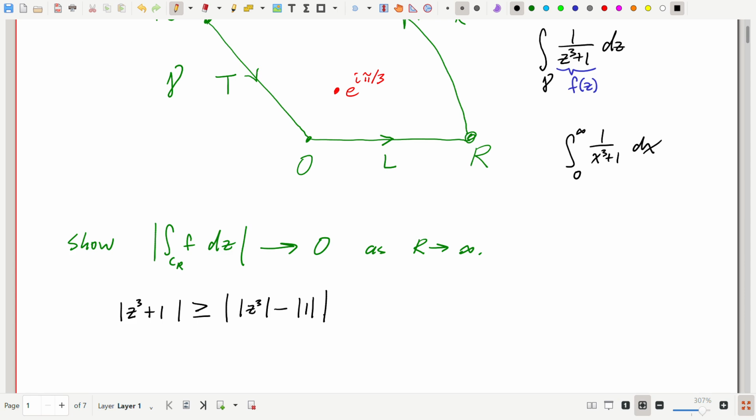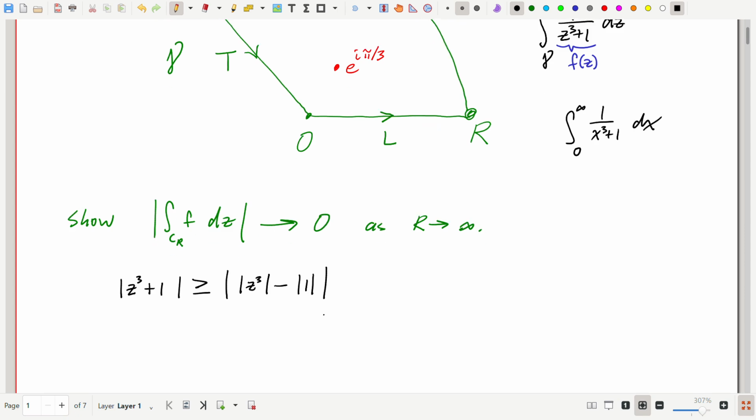That's the denominator estimate stemming from the triangle inequality. And so that's going to depend on whether or not the modulus of z is bigger than 1 or less than 1. But of course we're letting r go to infinity. So this is going to be equal to the absolute value of r cubed minus 1 on c sub r.